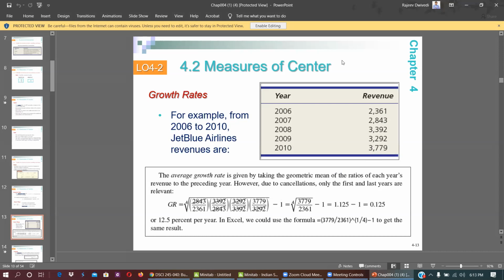Whenever you do any growth related time series average in finance, economics, or business, you need to always use the geometric mean. And the geometric mean formula is like this: the growth rate equals the square root, if there are 4. So this is the formula.